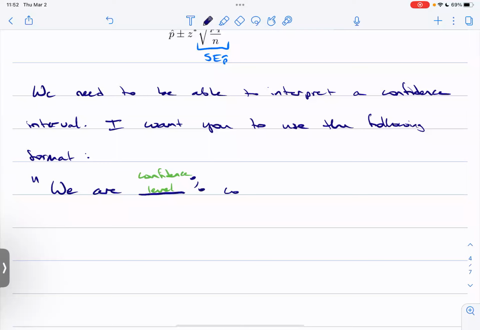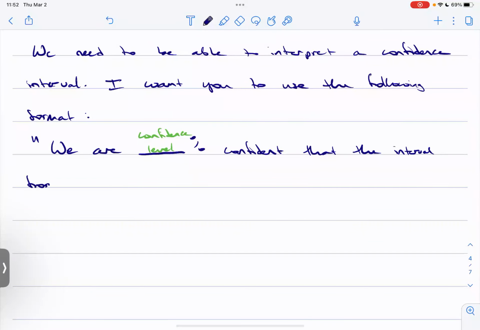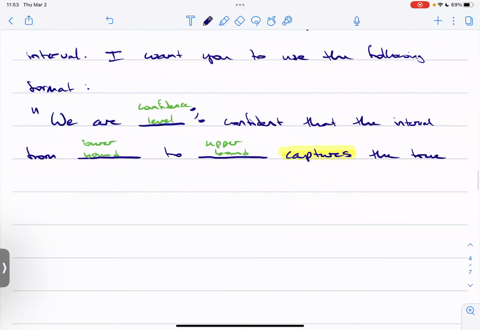We are blank % confident that the interval from blank to blank, this is where you put your lower bound to the upper bound of the interval, captures, and this is where I'm going to highlight captures, the true parameter, the true blank, and this is where you're going to enter your parameter.